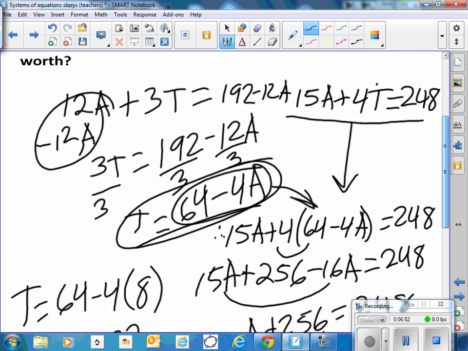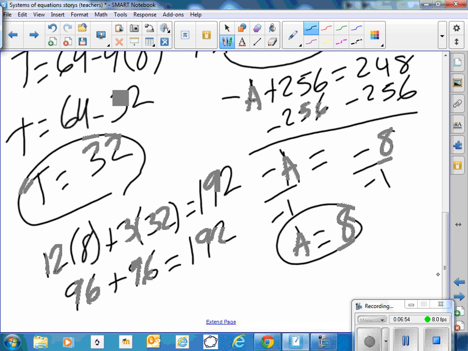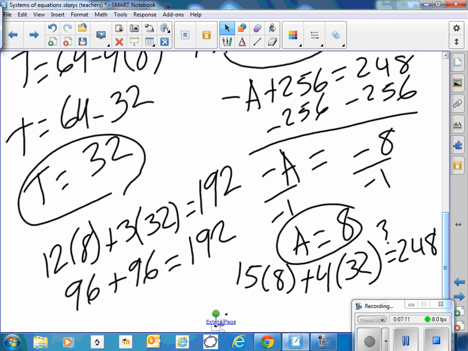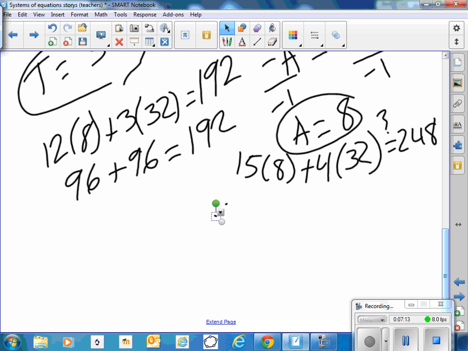15 assignments, 4 tests. Is that equal to 248? That's the question right now. So, well, 2 15s is 30. 8 is 4 2s.